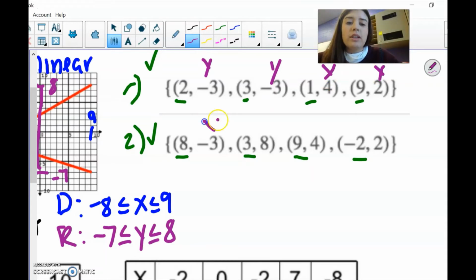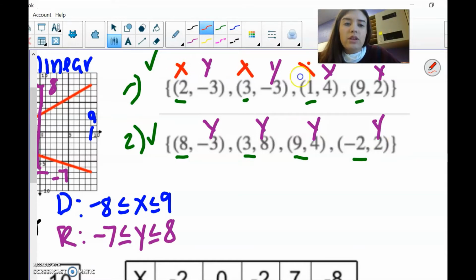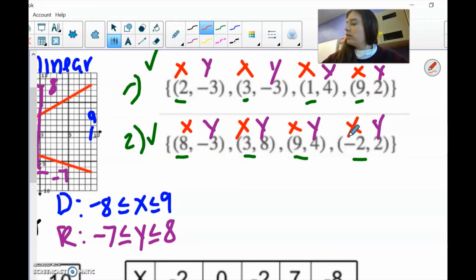On the bottom, it's -3, 8, 4, and 2 again. So for domain, we're just listing our x values again. We have 2, 3, 1, 9 on the top, 8, 3, 9, and -2 on the bottom as well.